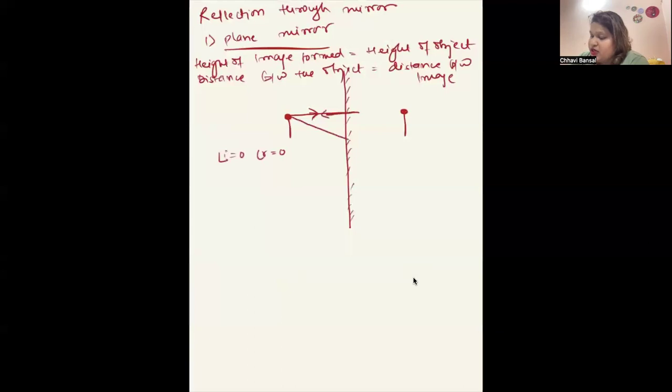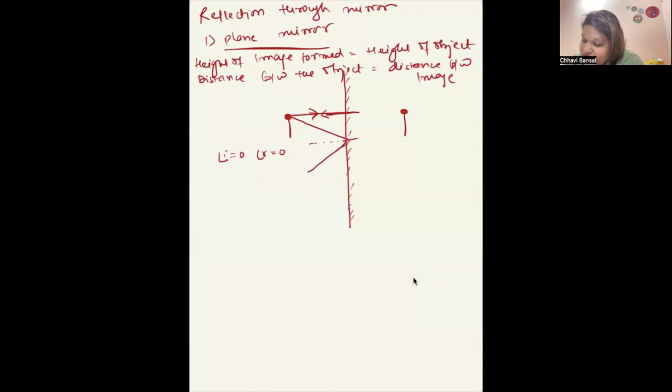Now there is another light. It will come like this, right? If I extend it, this is the reflected ray, this is the normal, right?